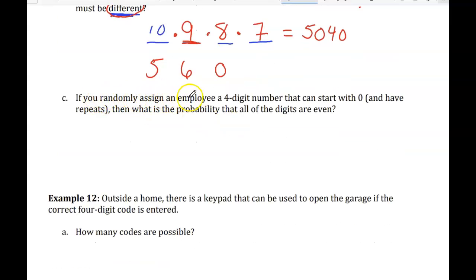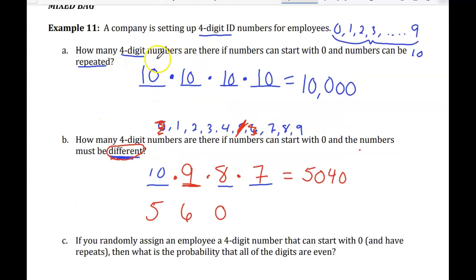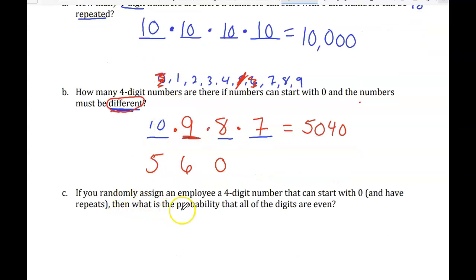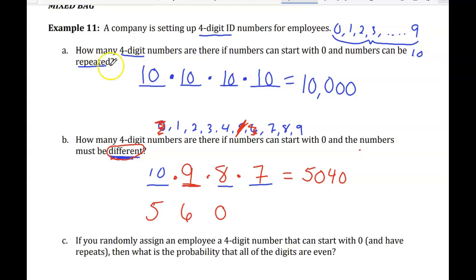If you randomly assign an employee a 4-digit number that can start with 0 and have repeats, so we're talking about this example right here, then what is the probability that all of the digits are even? Where they can be repeated, this is how many total possibilities there are.